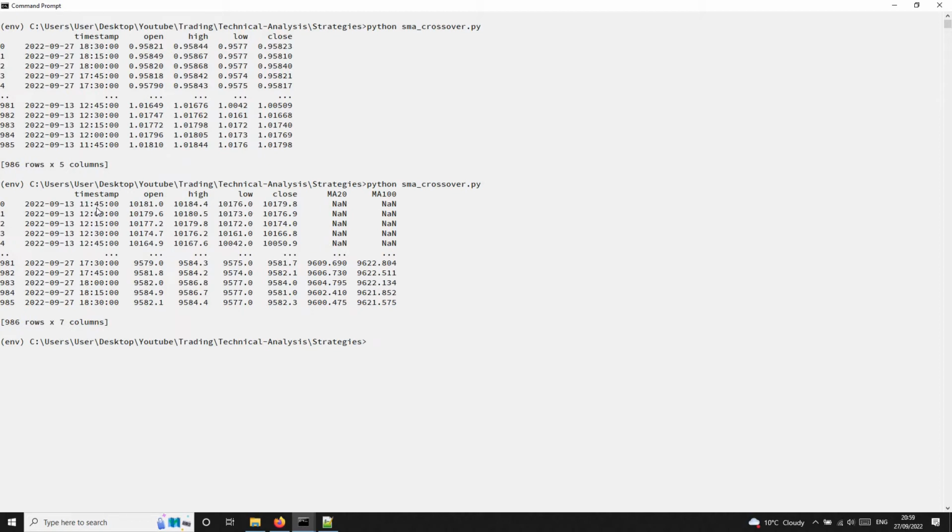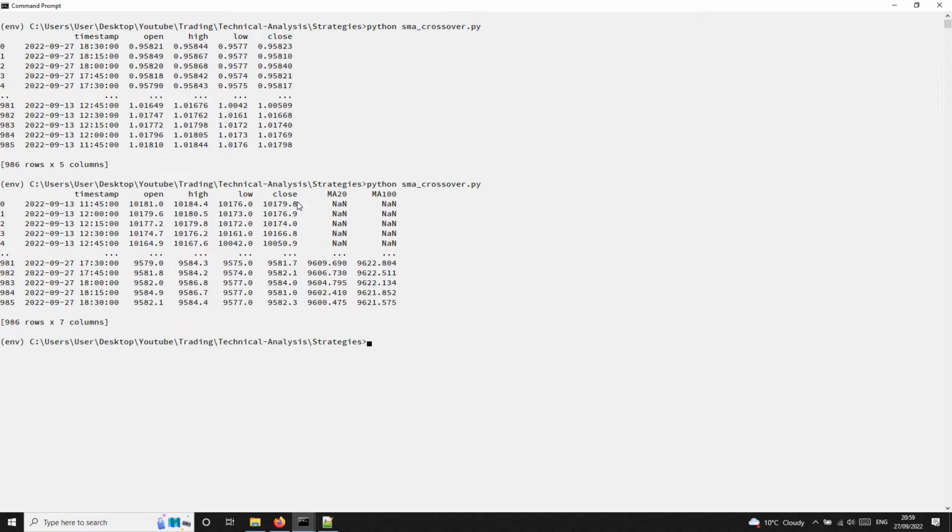So in a scenario, let's say 11:45, which means from 11:15 to 11:45. When that 15 minutes finishes, let's say your program is running, you will get your closed value, and then you will know whether your moving average has crossed over or not.